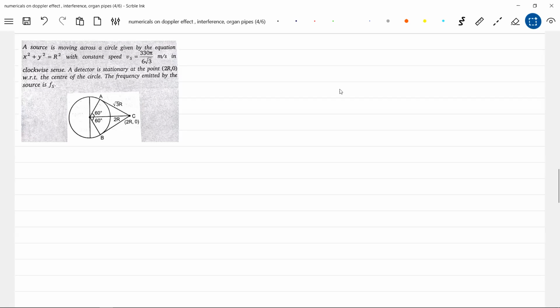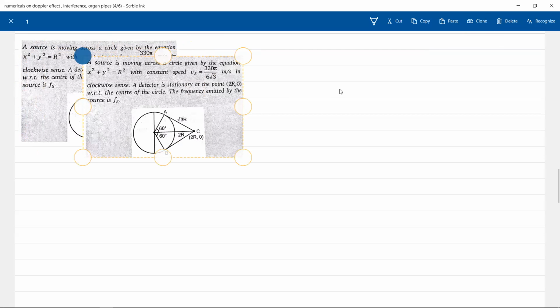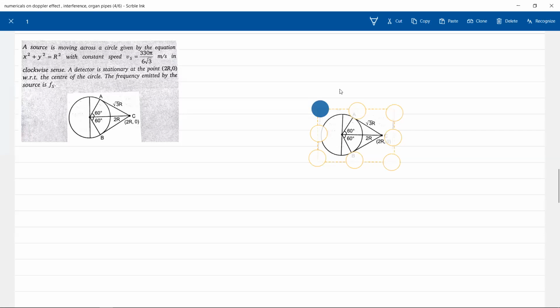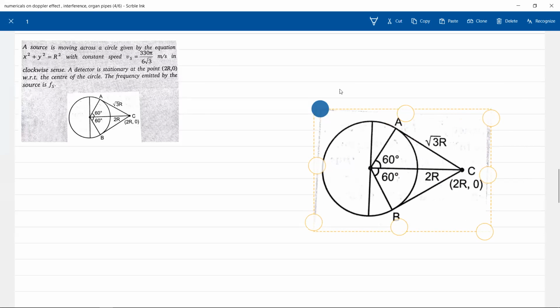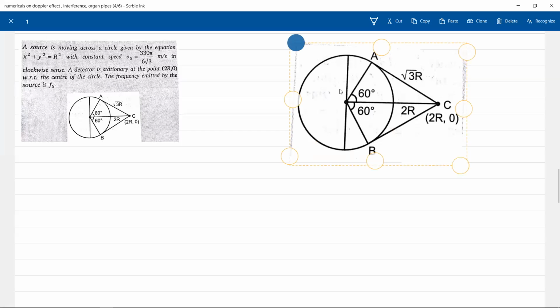Some circular motion idea is what we are trying to bring. Let me finish off the content here only.